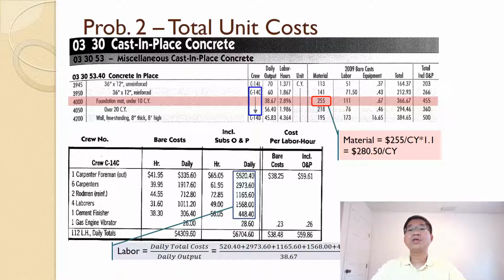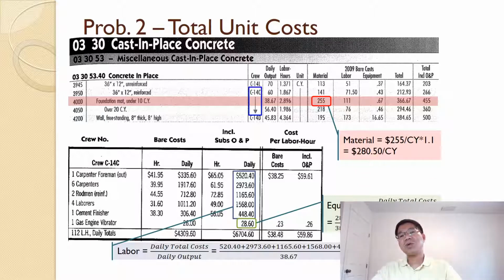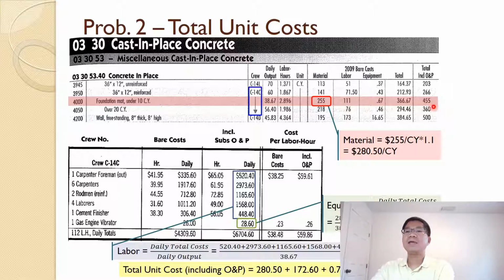That is the labor cost per cubic yard, including overhead, profit, fringe benefits, everything. And then the same for equipment, with repair and maintenance included, divide by the output, we have 74 cents per cubic yard. Add these three numbers up, 280.50, 74 cents, 172.60, you will get the total $455 here, including overhead and profit.